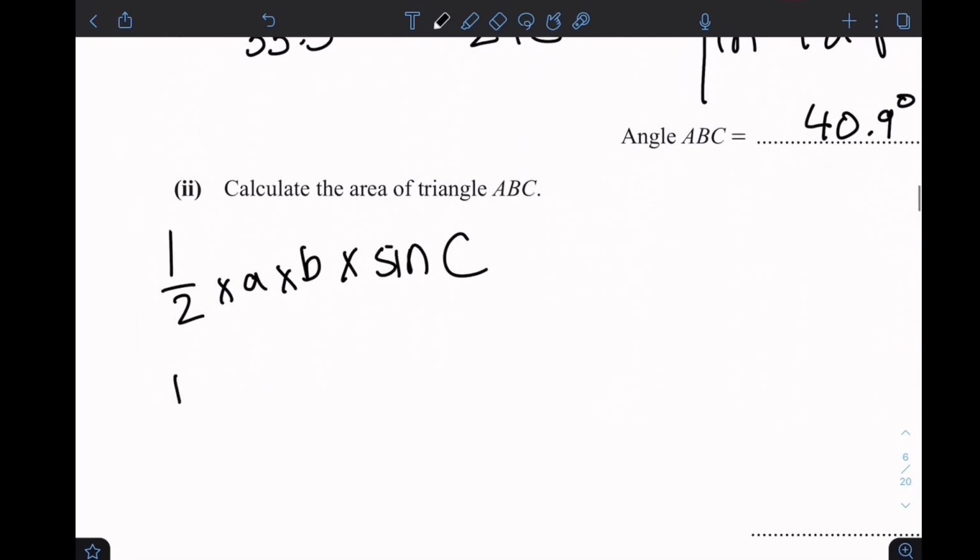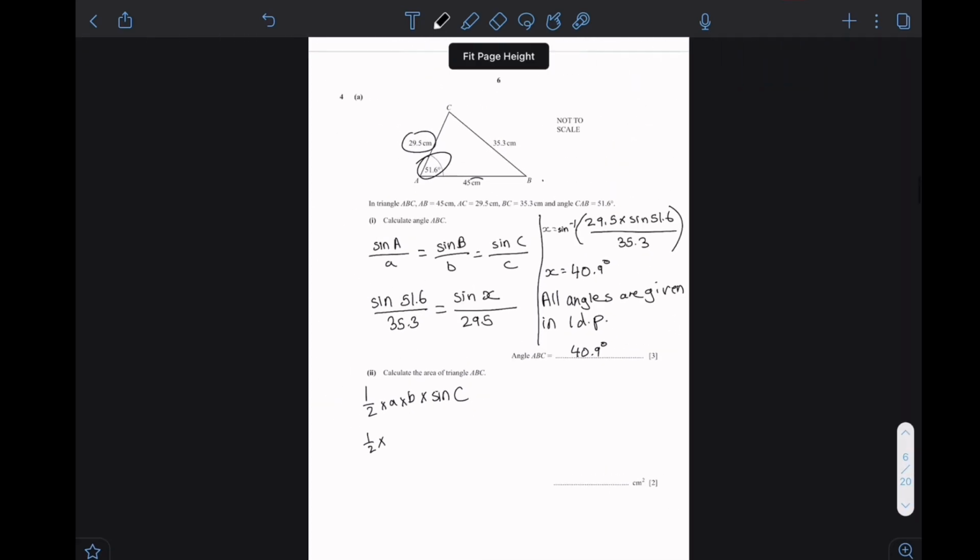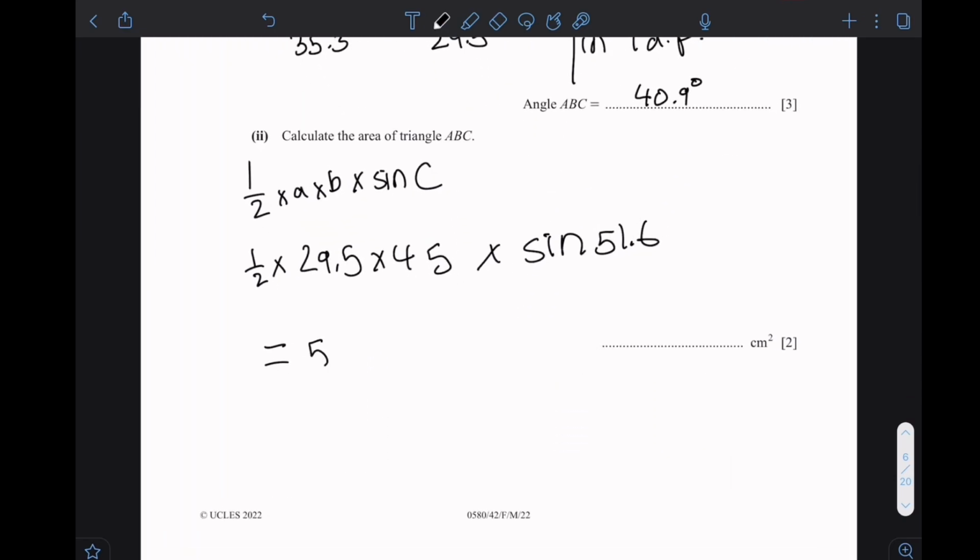Applying the values: half into 29.5 into 45 into sine 51.6, which equals 520.177 centimeters squared. If you round that off to three significant figures, you get 520 centimeters squared.